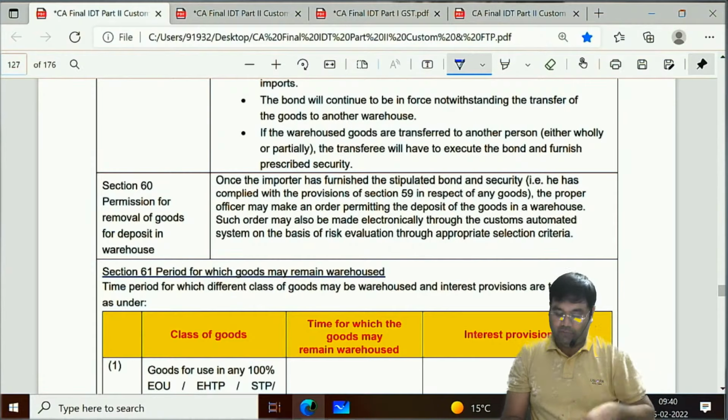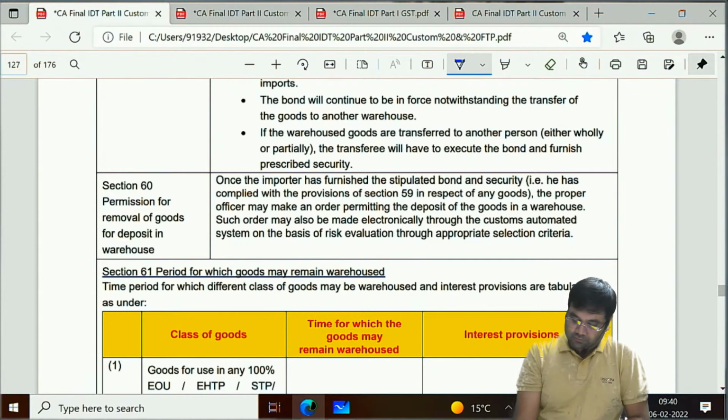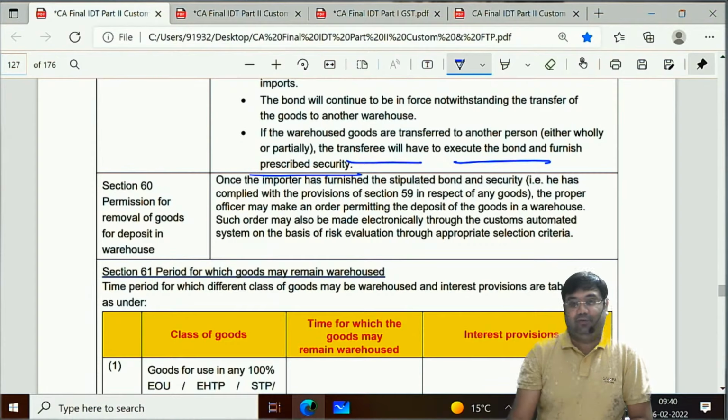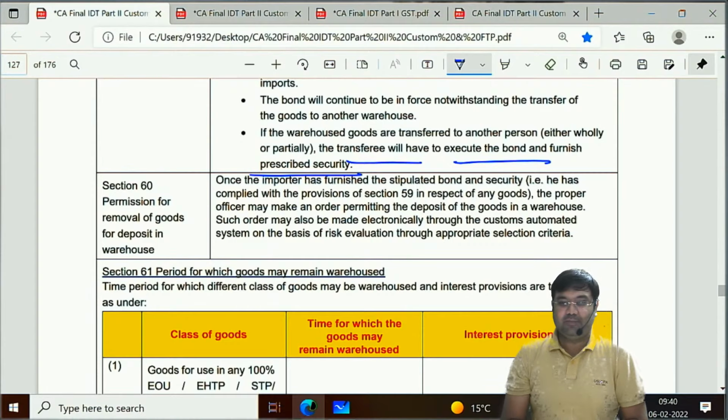So in that scenario, what is the government going to do? In case goods are sold to another person during the warehousing period, the new person, we are going to call him the transferee. So the transferee now will have to execute the bond and furnish the prescribed security. Government is smart enough. They are of course going to protect their interest.